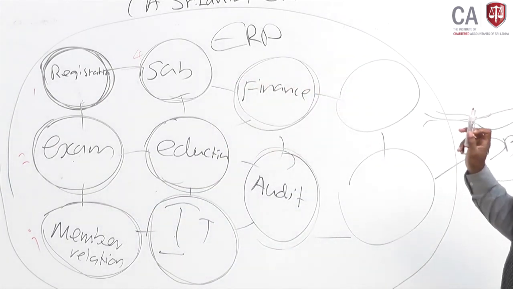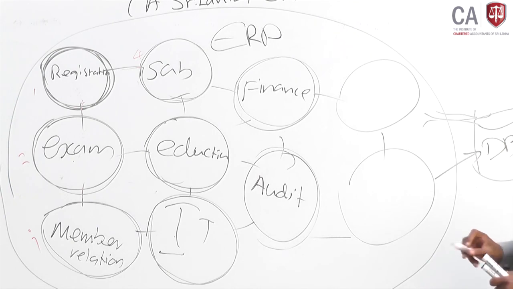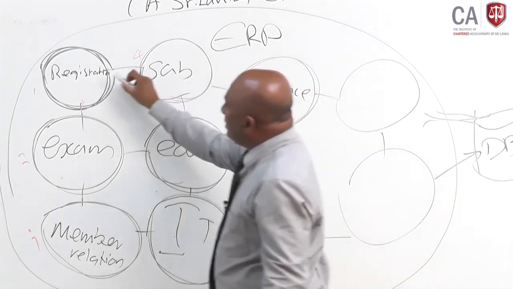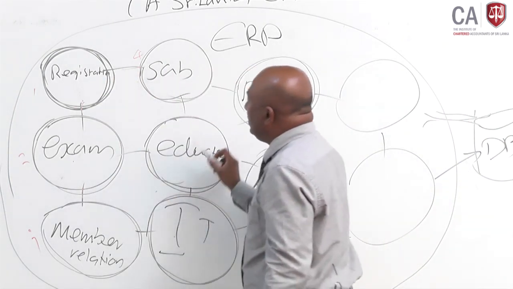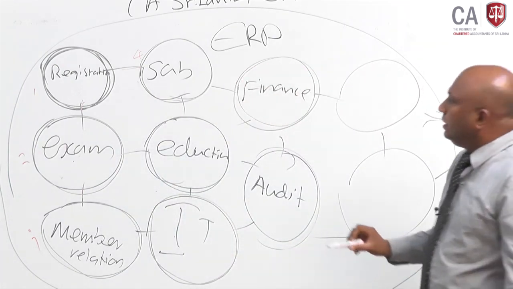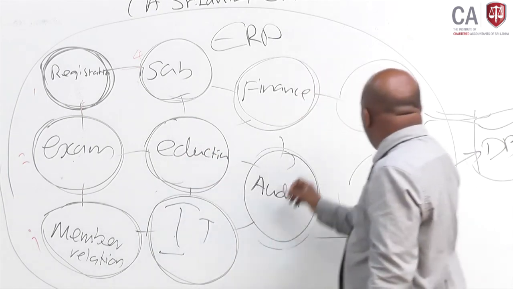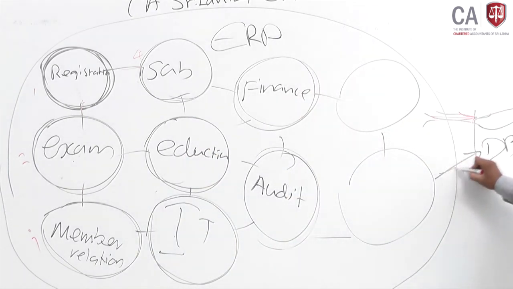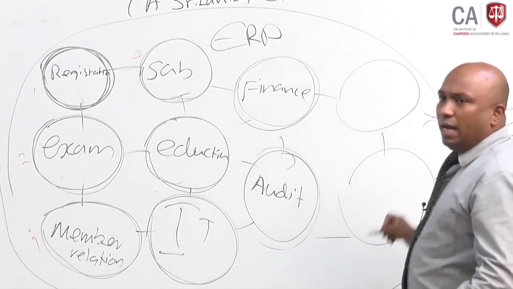Then that is the concept behind this. There are different systems dealing with different functionality of the organization, that are interlinked together, and also use the one database, right? And that is called the ERP.